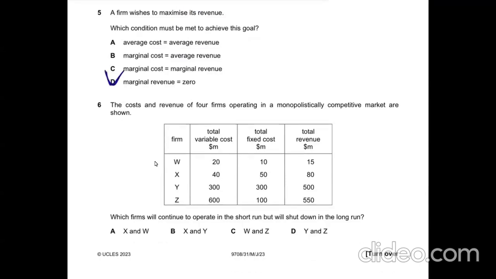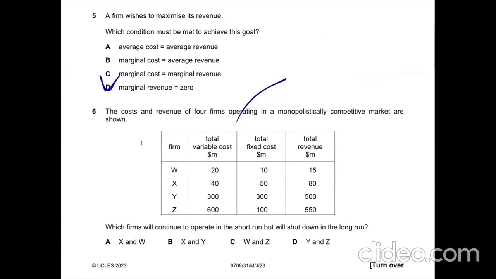Question 6. The costs and revenue of 4 firms operating in a monopolistically competitive market are shown. Which firms will continue to operate in the short run, but will shut down in the long run? All right, for a firm to operate only in the short run but shut down in the long run, there are 2 conditions needed.